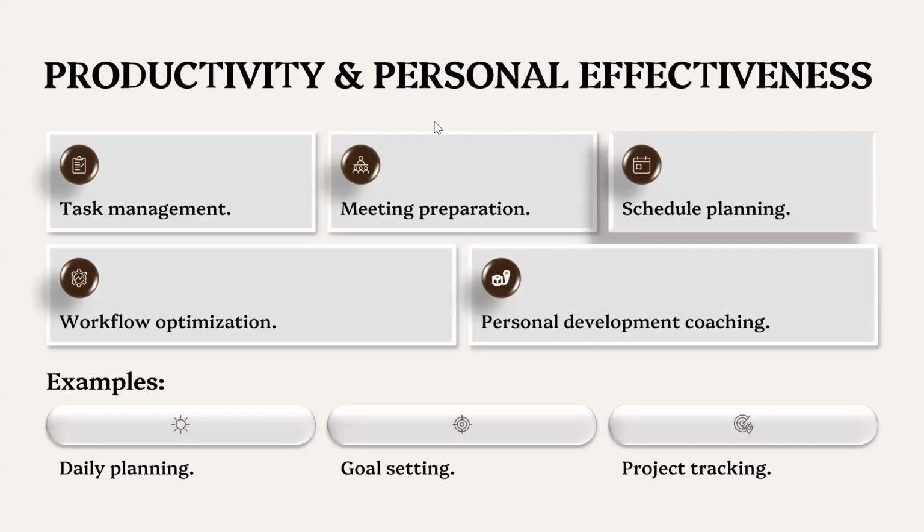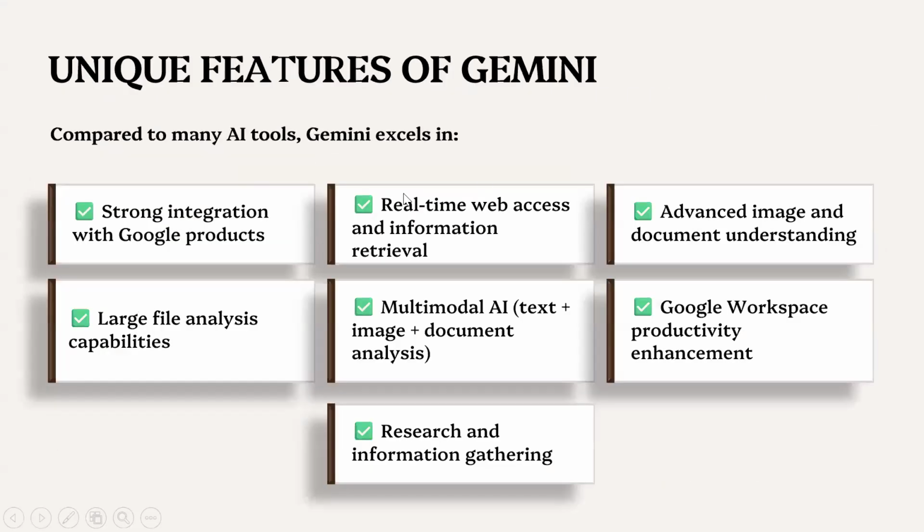Productivity and personal effectiveness. Gemini can handle task management, meeting preparation, schedule planning, workflow optimization, personal development coaching. And you have seen the example. We are sharing this on the slide. Unique features of Gemini. Listen to this. Compared to many AI tools, Gemini excels in strong integration with Google products.